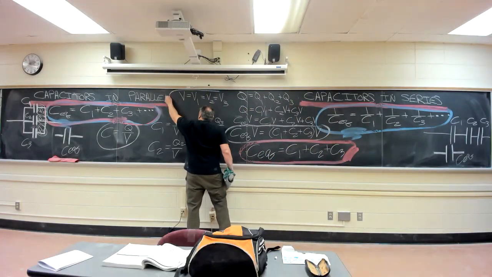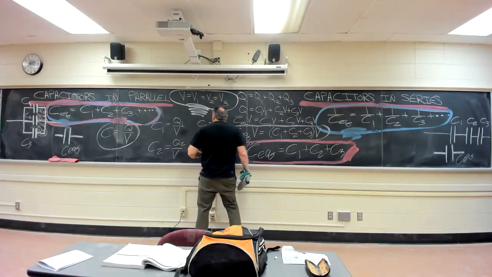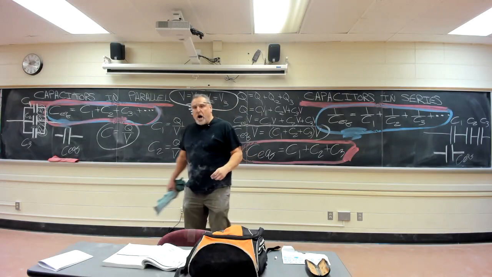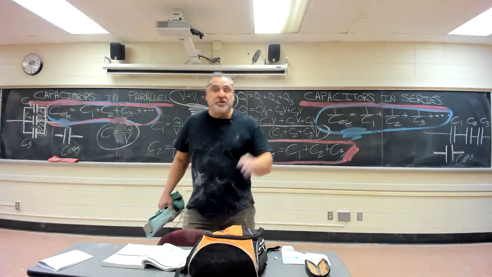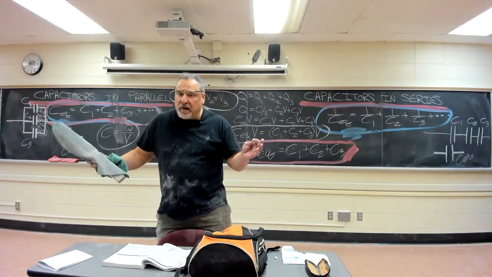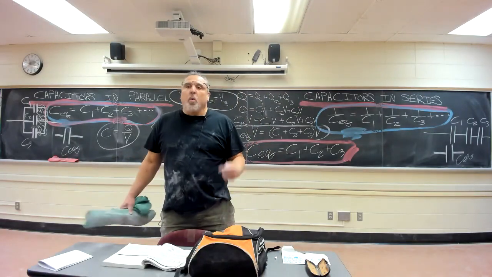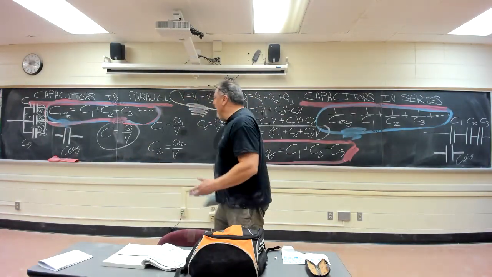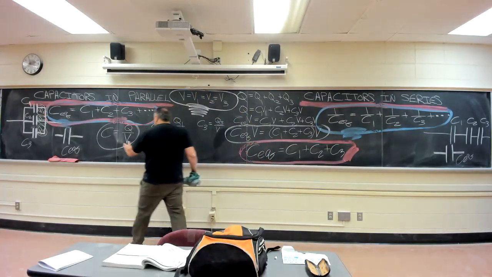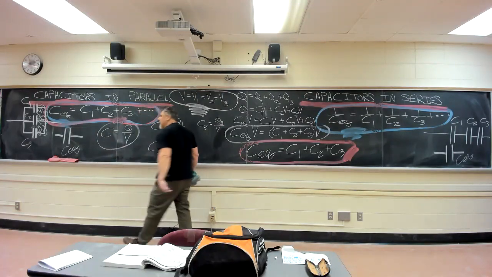The voltage across each capacitor was identical. There are different charges across each capacitor, more than likely. You add all those different charges together and you get one big charge. Well, what capacitor would actually give you that one big charge? I have to find a value of C such that Q1 plus Q2 plus Q3, over that V, would give me that.